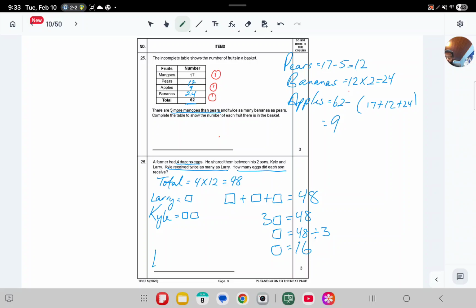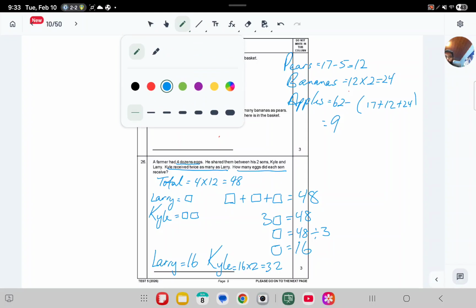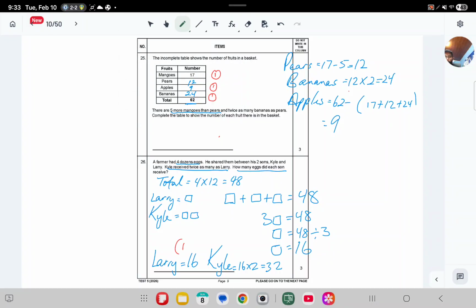So we know Larry was 1 bar, which is equal to 16, and Kyle was 2 bars. So that is 16 by 2, which is equal to 32. 1 mark for Larry, 1 mark for Kyle, and we got 1 mark for the total.